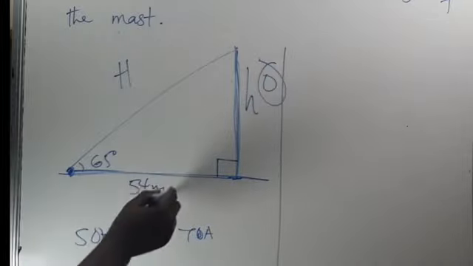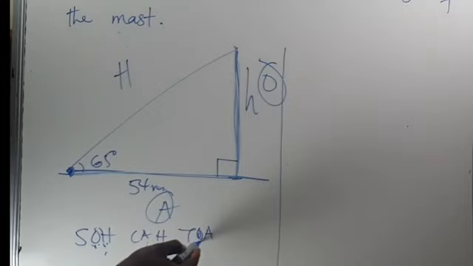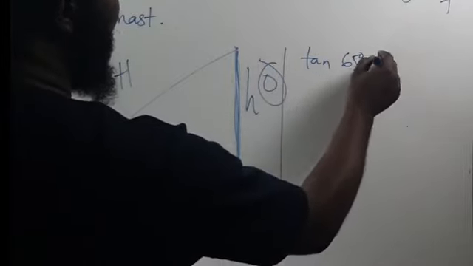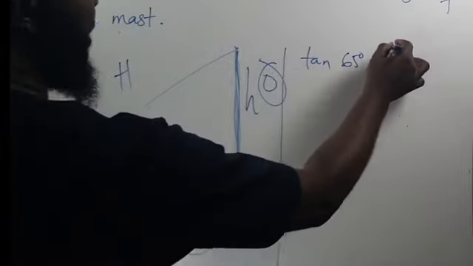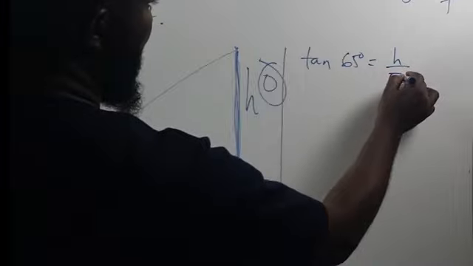O, and we have A. So SOH is not complete, CAH is not complete, because we are looking for O but we have A. So we use TOA, that is tan 65 degrees equals the opposite, which is H, divided by the adjacent, which is 54.